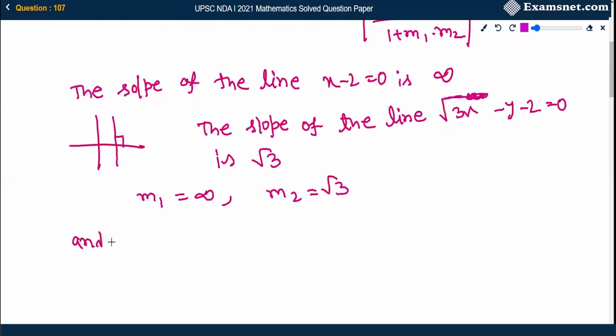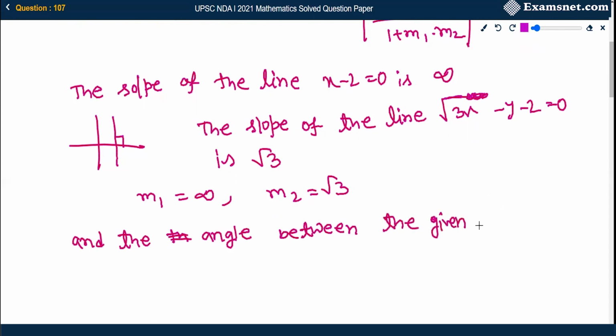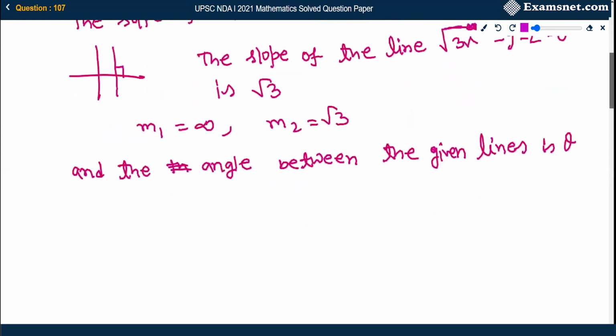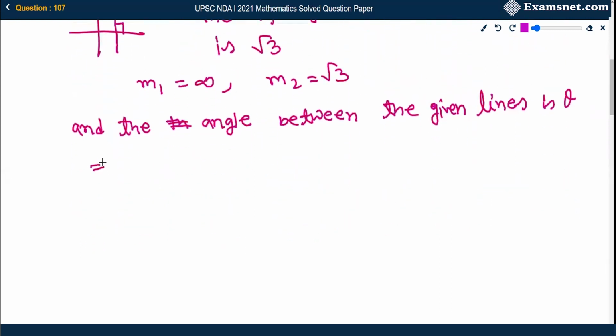And the angle between the given lines is theta. Okay, so here tan theta equals m2 minus m1, that is root 3 minus infinity, or we can write it another way.